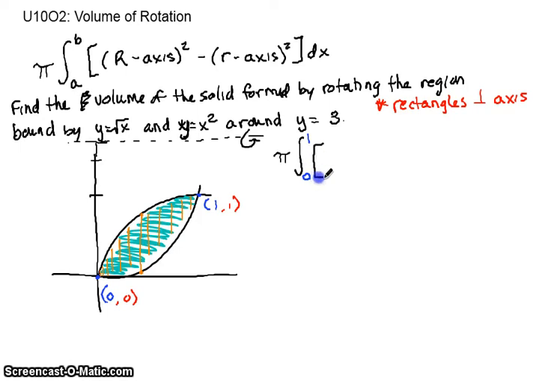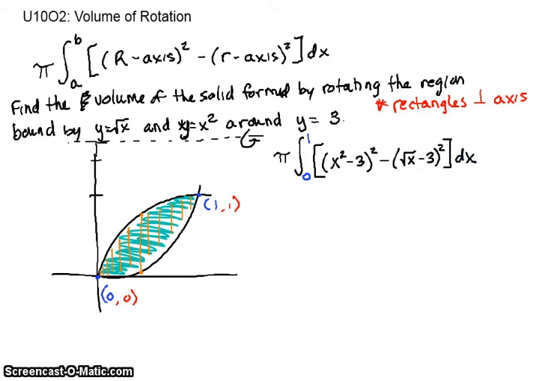Then we need to think, what is our outer radius? So what function is farthest away from our axis of rotation? In this case it's going to be x squared. So our outer radius, x squared, minus our axis of rotation, so minus 3, quantity squared, minus our inner radius, which is going to be the square root of x, because that's closest to our axis of rotation, minus our axis of rotation, quantity squared, dx.